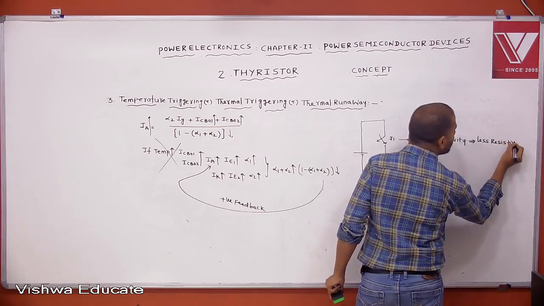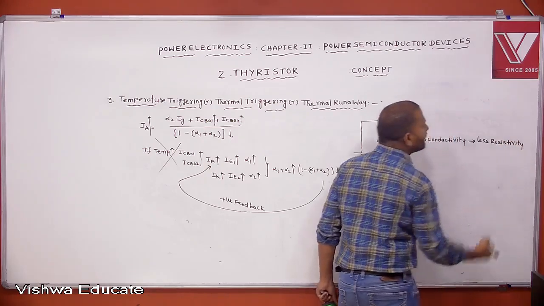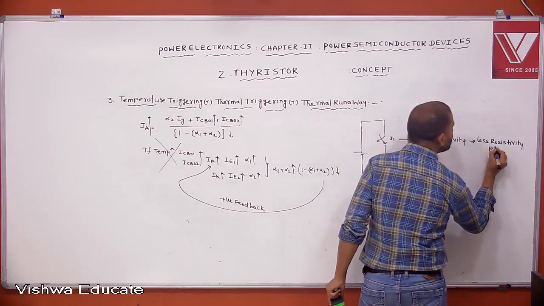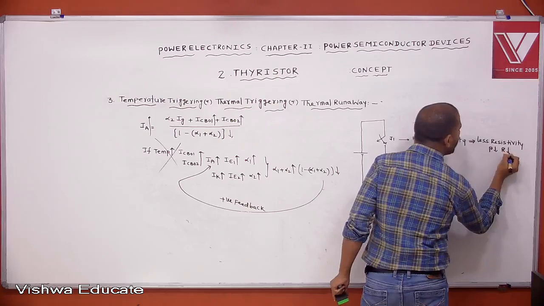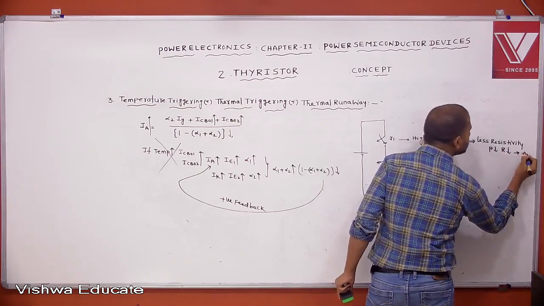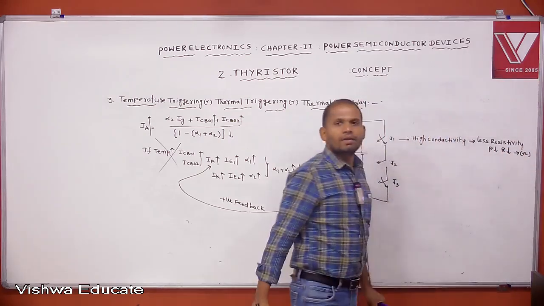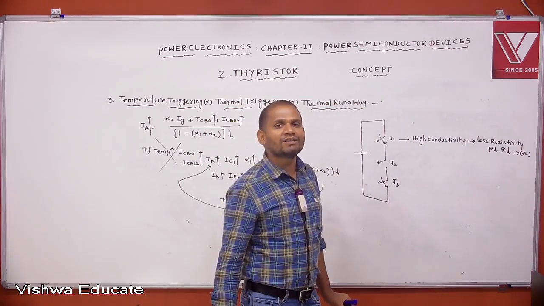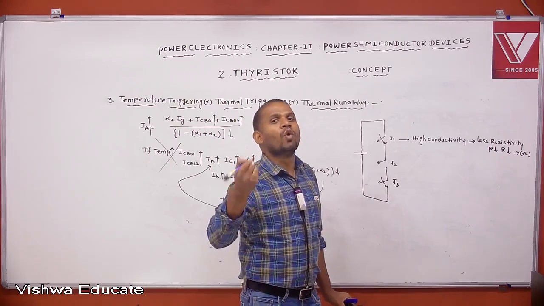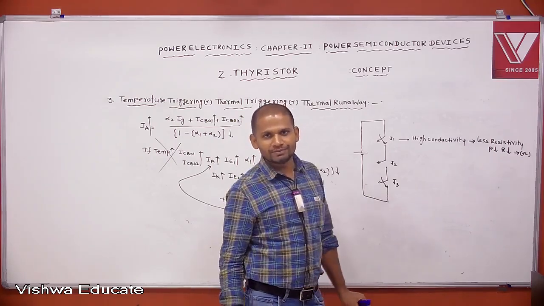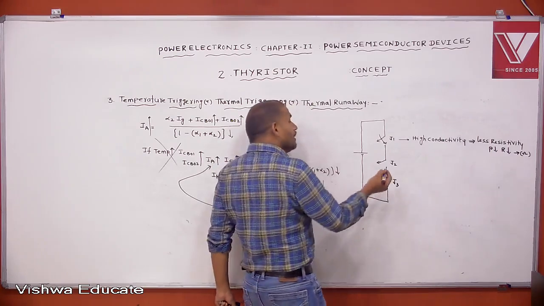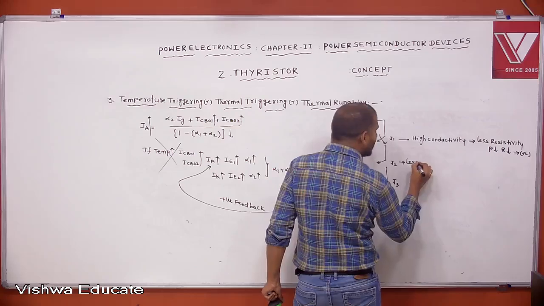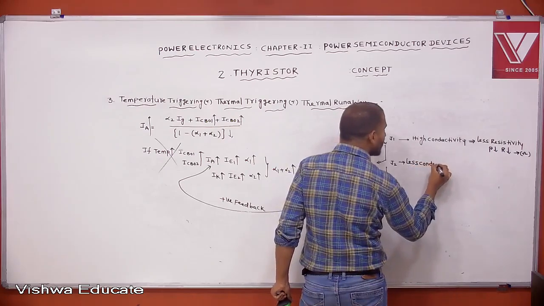Because of the closed junction there are more charge carriers, so less resistivity, and less resistance offered by the junction. Under forward blocking mode, the J1 junction offers resistance in the range of ohms because of the closed junction. J2 is open, meaning less conductivity because of fewer charge carriers.